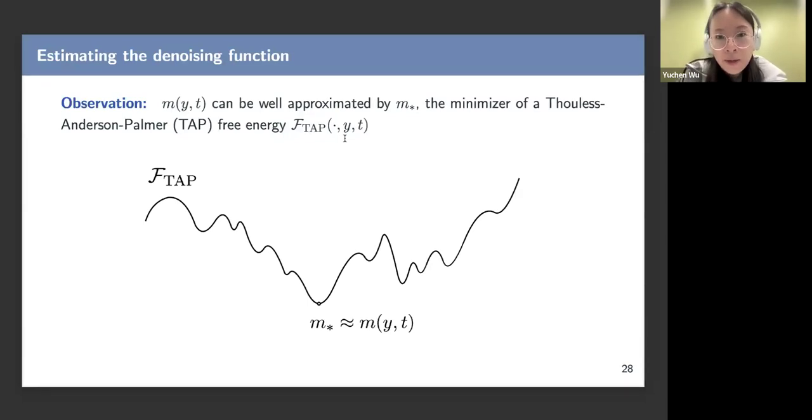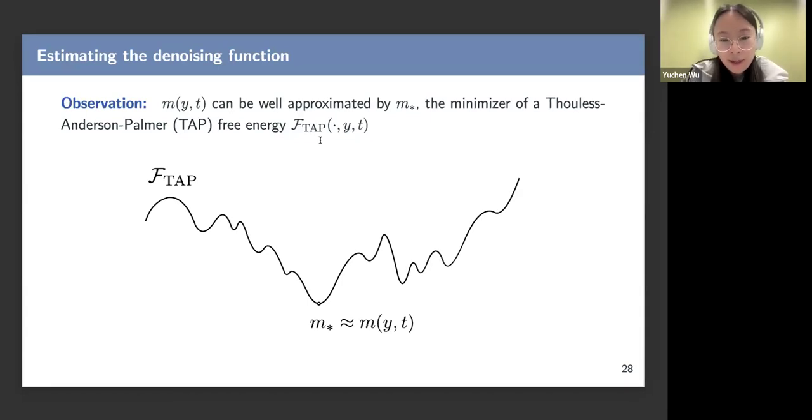But this problem is highly non-trivial, because the TAP free energy is a non-convex function with potentially a massive number of local minima. If you just run gradient descent or other simple algorithms, it is very likely that your algorithm will be trapped at one of the local minima.